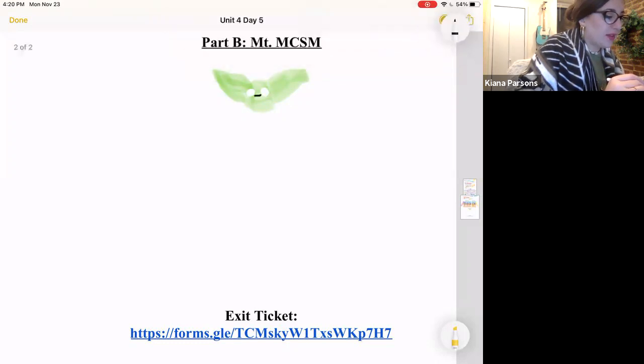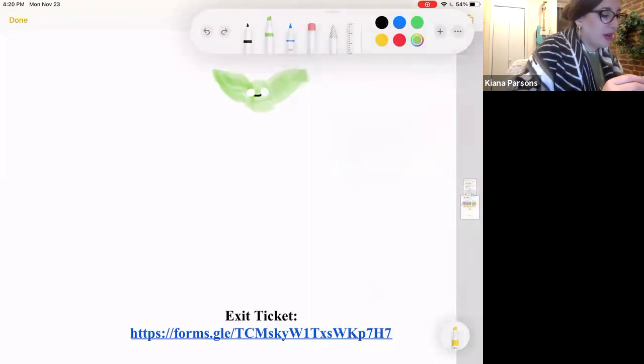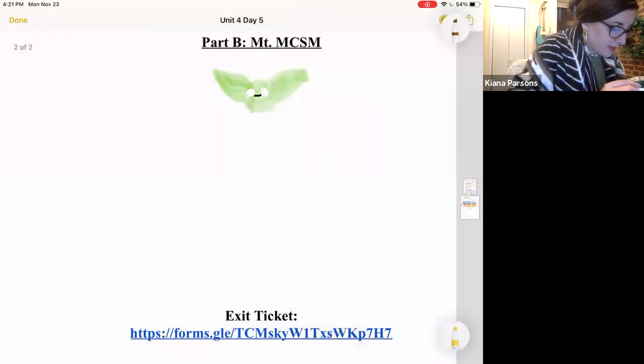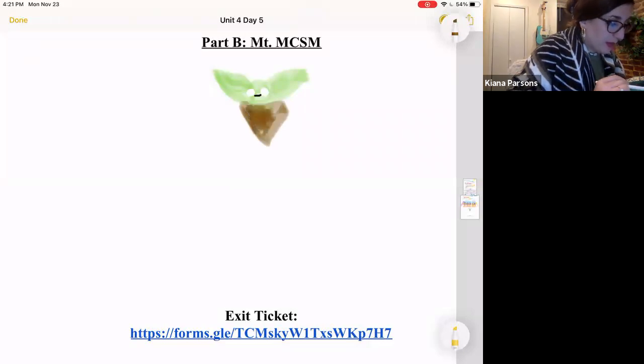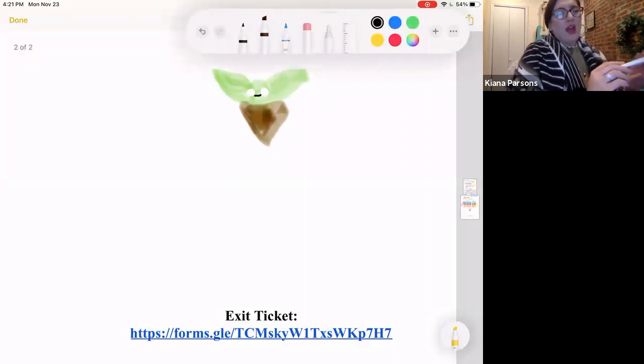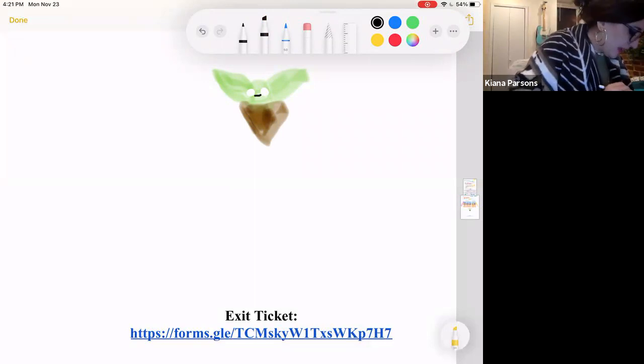So this is my very horrific depiction of little Baby Yoda. But imagine little Baby Yoda is at the top of a hill. Now, how did little Baby Yoda get up there? I'm going to guess he didn't use the Force, right? The Mandalorian probably carried him up the hill.